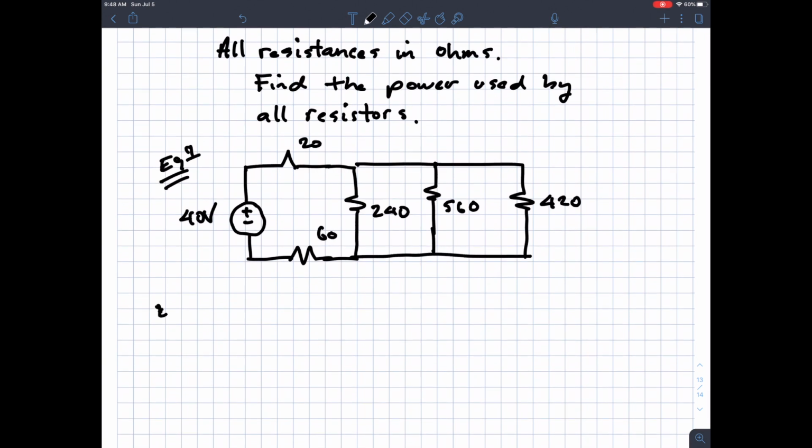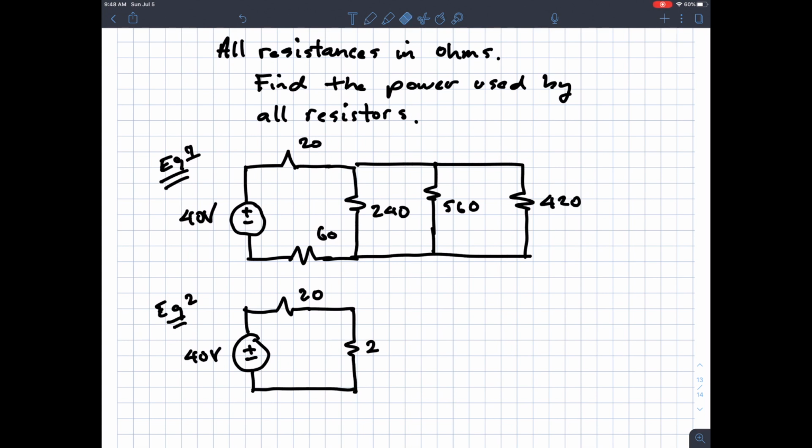I can then do equivalent circuit number 2 and draw this as 40 volts, 20, 240 I'm going to leave the same, and I forgot the 60.